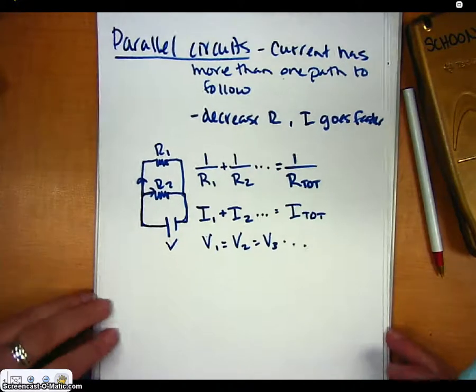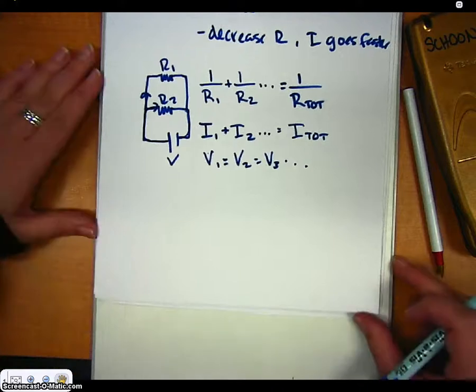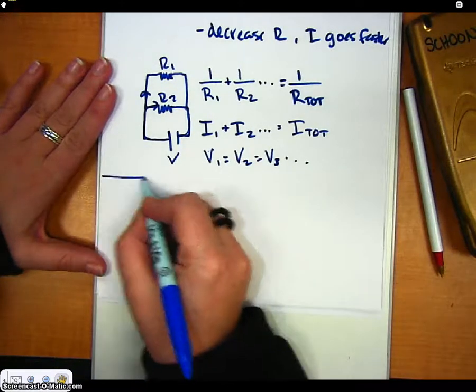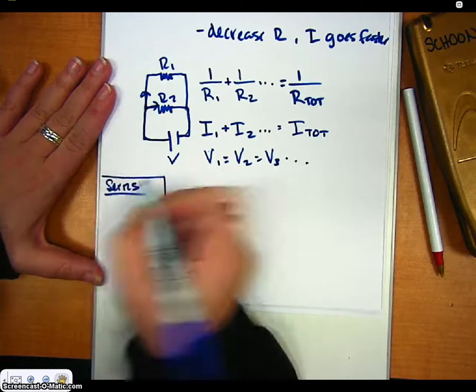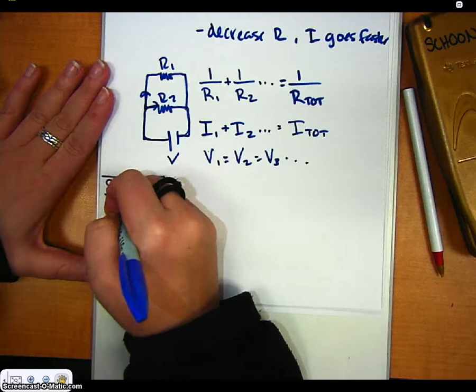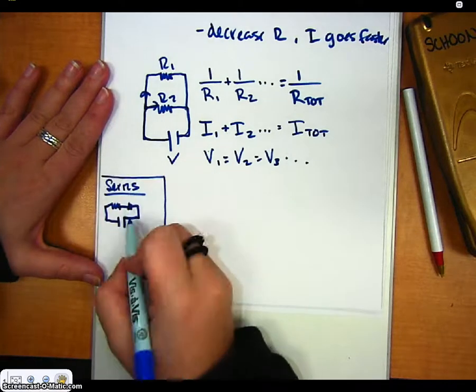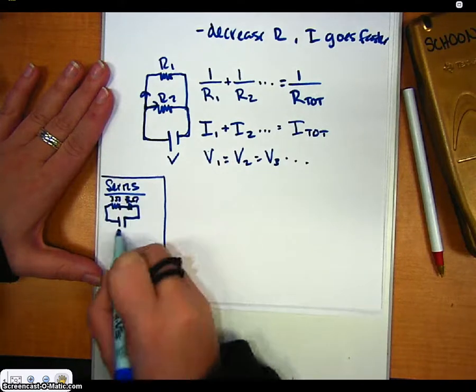Okay, so let's do a very simple example. I just want to remind you from the series video, and I'll write this over here. For the series, I had two 3 ohm resistors, so a 3 ohm and a 3 ohm and a 9 volt battery.